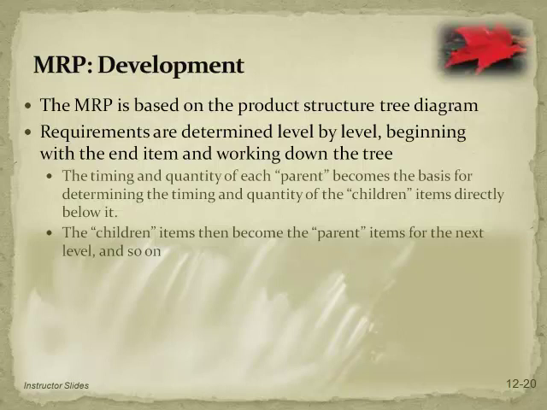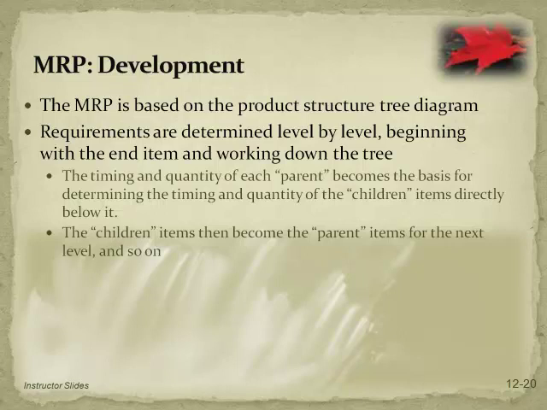It's going to plan all the requirements for the finished product, and then it's going to take the result of that plan and carry that result down to the next level, level 1. It's going to plan all the material at level 1. When it's finished planning all the material at level 1, it's going to take the results of that level and carry them down to level 2 and continue that process until all the levels have been done.